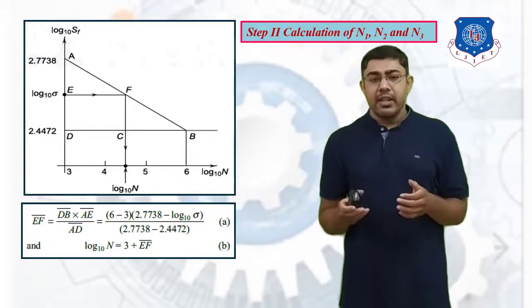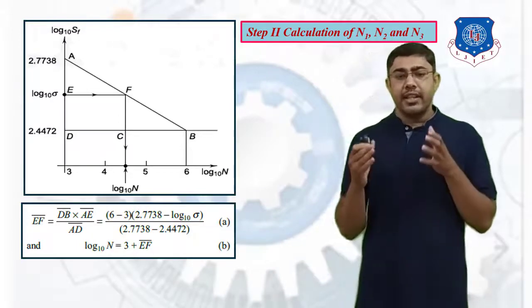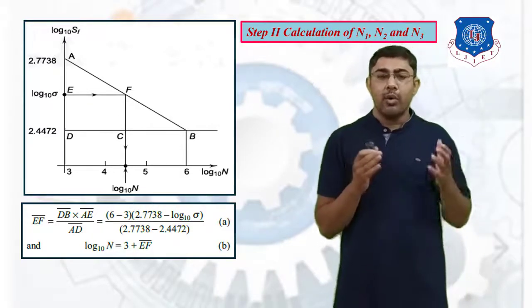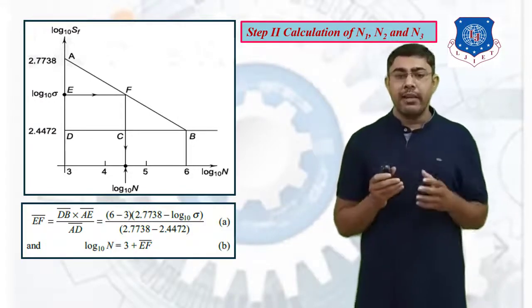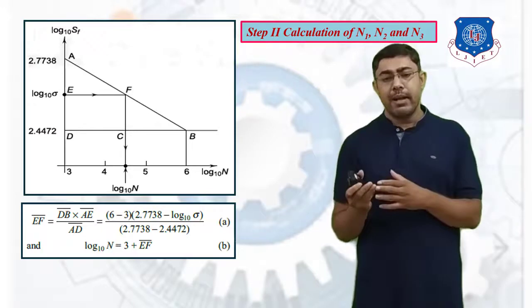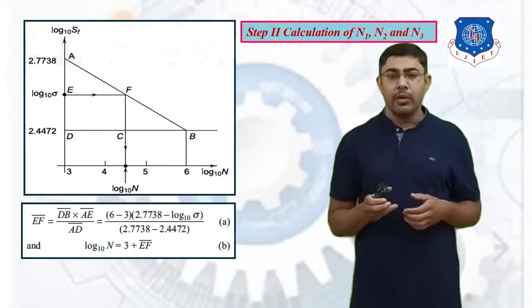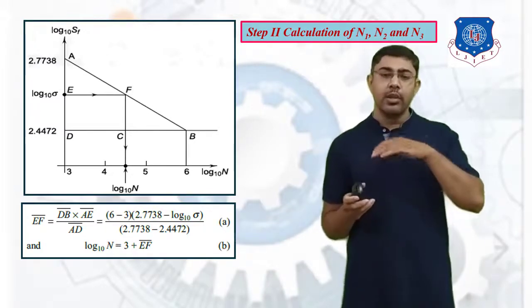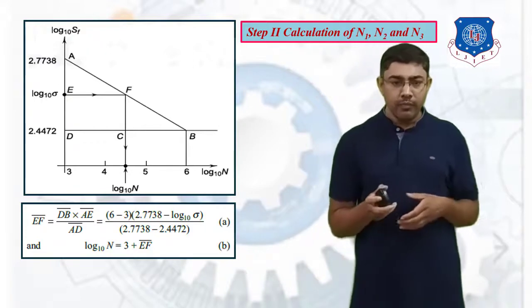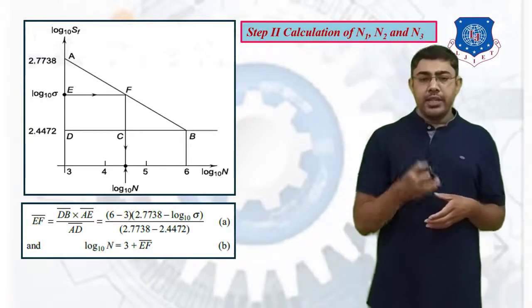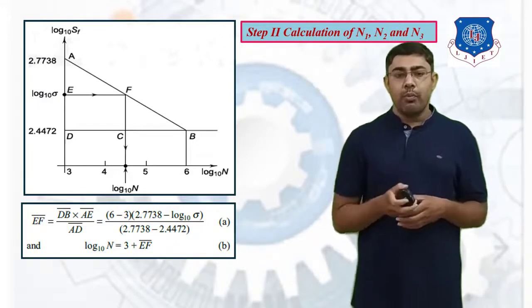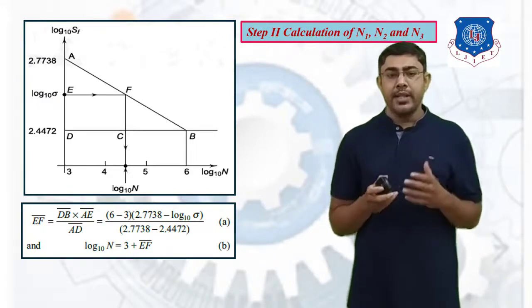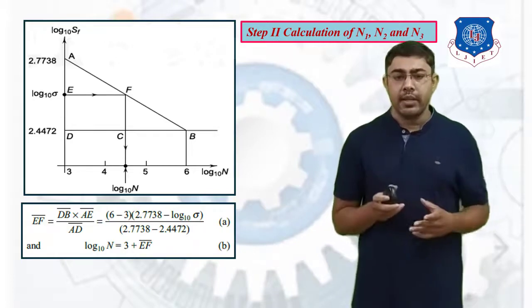So first we derive the generalized equation in terms of log n and log sigma, and by placing the value of log sigma 1, we get the value of log n1 and so on. Now in the equations, AD is equal to 2.7738 minus 2.4472.